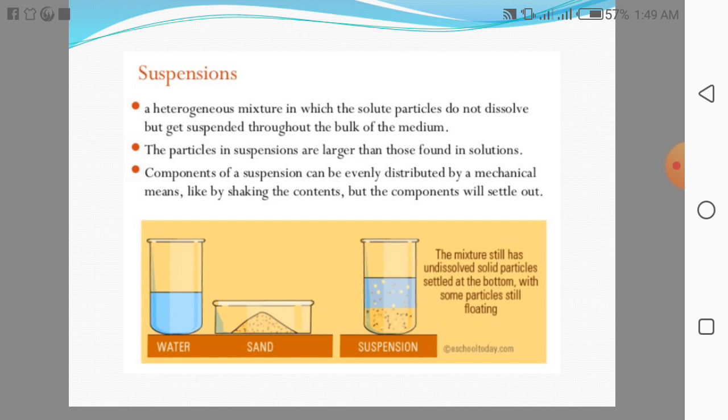Components of a suspension can be evenly distributed by mechanical means like shaking, but the components will settle out. For example, we have water and sand. It makes a suspension because sand does not dissolve in water and is always suspended in water.